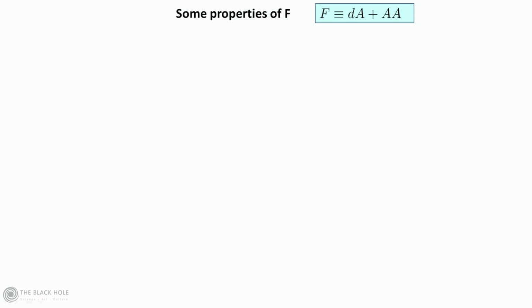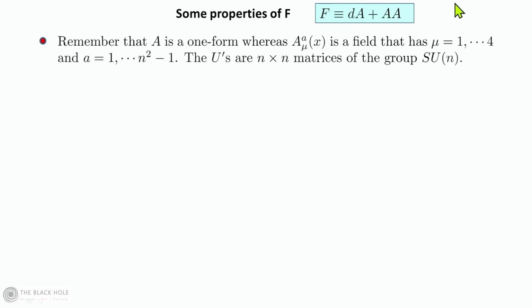Okay, now we need to look at some properties of F. And now this is something that we have achieved, and so it needs to be celebrated. F is dA plus AA. Okay, this is just a reminder that we're dealing with fields which have got space-time indices and which have got internal indices.